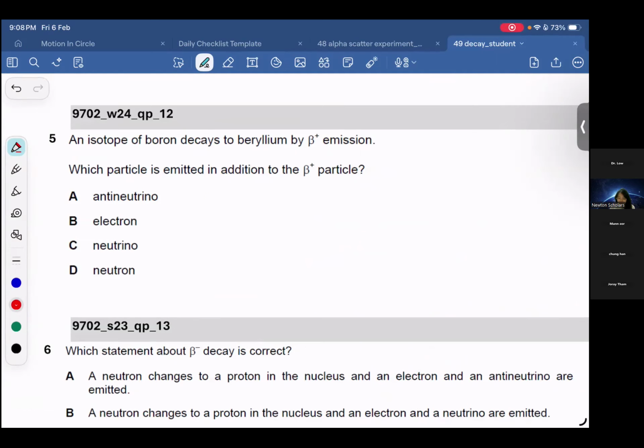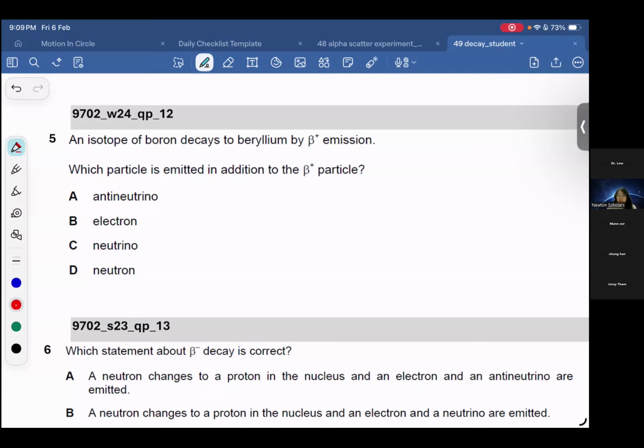An isotope of boron decays to beryllium by beta plus emission. Which particle is emitted in addition to the beta plus particle? This one is theory only. Kaichen, correct. Vashini, correct.